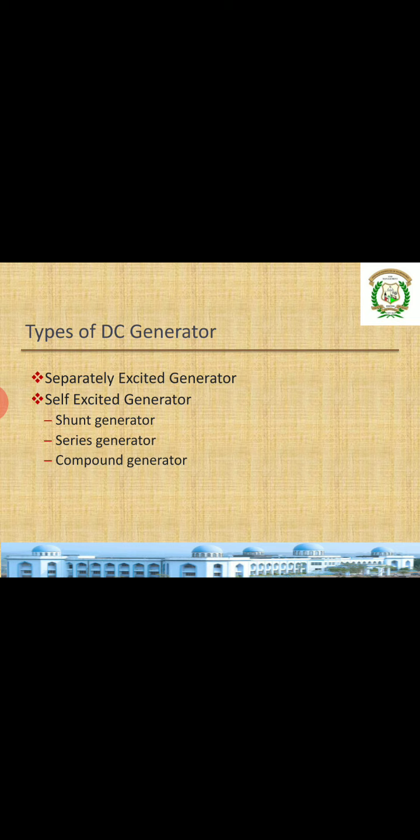Self-excited generators are classified as shunt generators, series generators as well as compound generators. In this subject, we are going to study the commutation process as well as armature reaction of this DC generator.